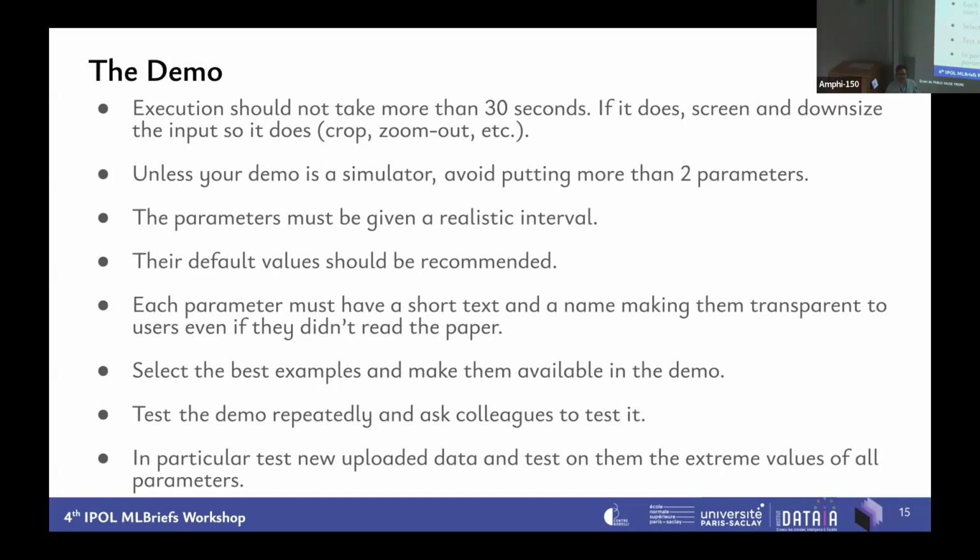Because sometimes they say, okay, you can put the noise to 0, but actually you have somewhere in the math 1 over the sigma square, and then it explodes. And sometimes you don't think about that. So it's important to test the demo at the boundaries, at the limit of the parameters that you allow.